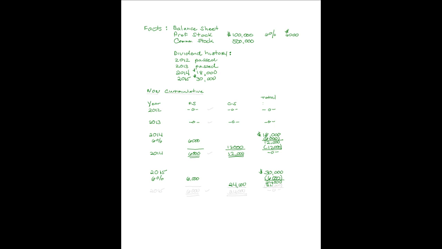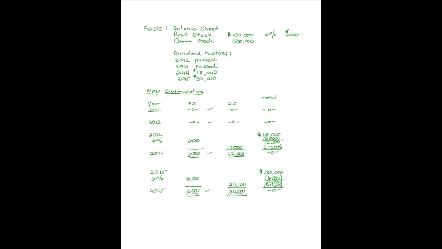Not earmarked for preferred stockholders. And we're through. The preferred stockholders get $6,000, and the common stockholders get $24,000, and that's how it ends up for 2015. Notice, nothing for the preferred in 2012 or 13, $6,000 in 2014, $6,000 in 2015. That is the nature of payments if it's non-cumulative.